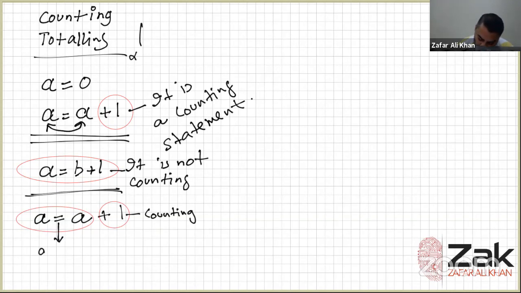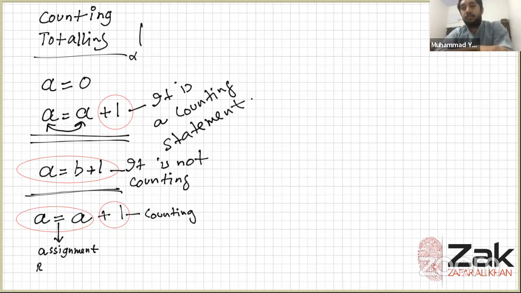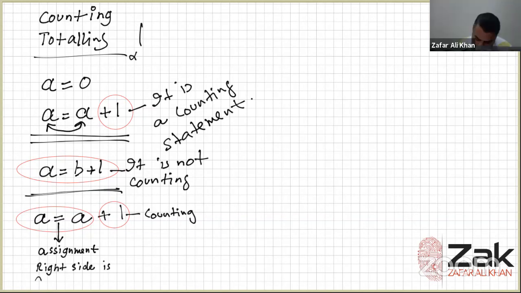Equal to sign is assignment. And computer science says that the right side is assigned to the left.